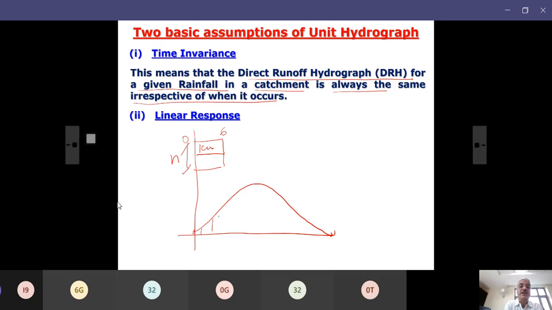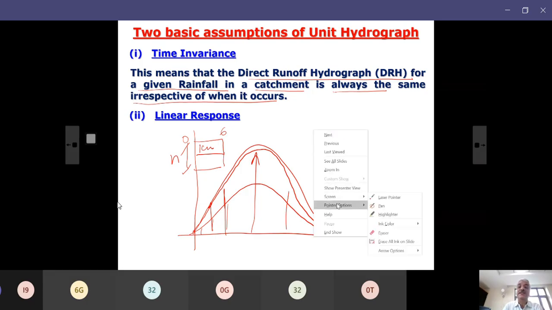Only thing is every ordinate of this will be multiplied by n, and this will be my hydrograph. Linear, the response is linear. So if rainfall is more, everything will get multiplied by n, and this will be my hydrograph for n centimeter of storm.